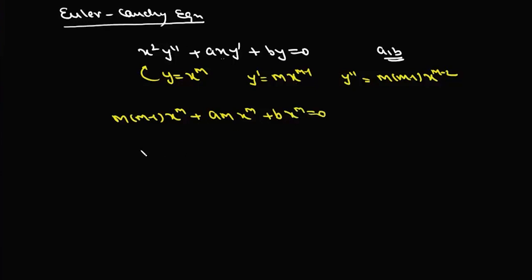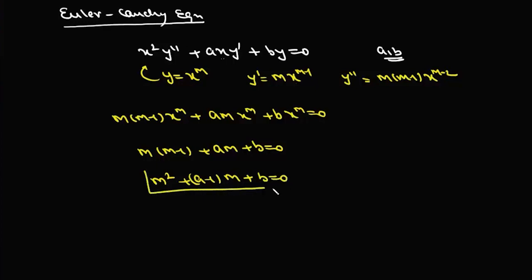So from here we'll get this characteristic equation, which is m times m minus 1 plus am plus b equals 0, or simply m squared plus a minus 1 m plus b equals 0, which is a quadratic equation in m. Now here again we'll have three cases.